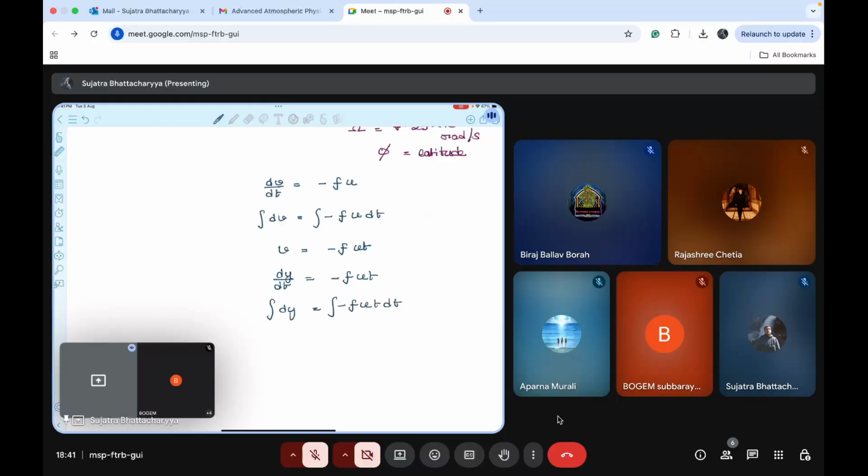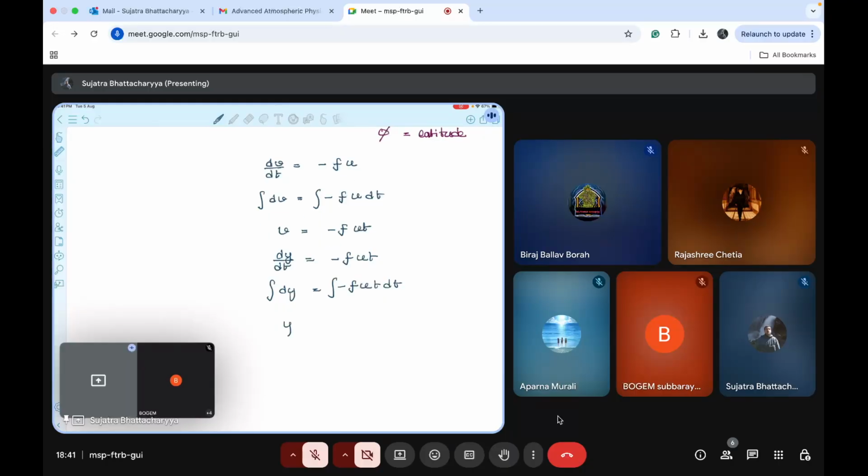Integrate it once again because I want the value of y. So y is minus f u t square by 2. It is assumed that u is not a function of time. Now just put the things in. It is minus 2 omega sin phi, u, t square by 2.